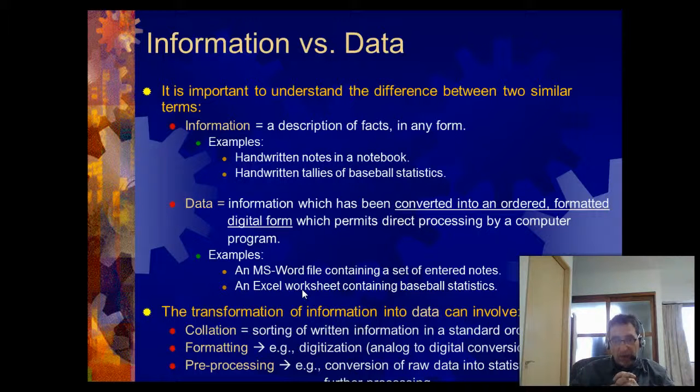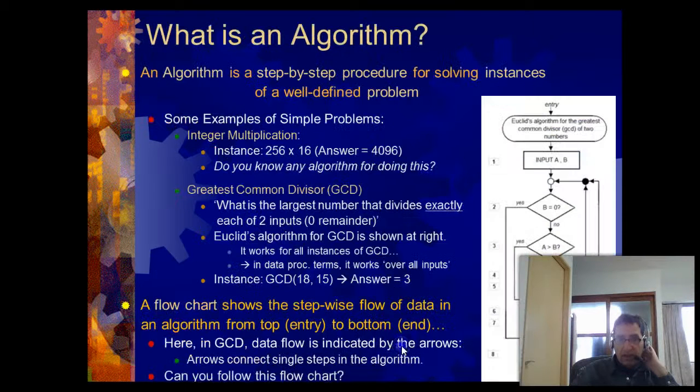So you can take your notes and convert them and scan them and turn them into digital files, and pre-processing, conversion of raw data into statistical data for further processing. You can't see that, can you? Further processing anyway.